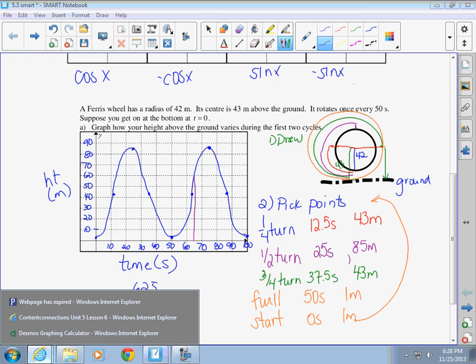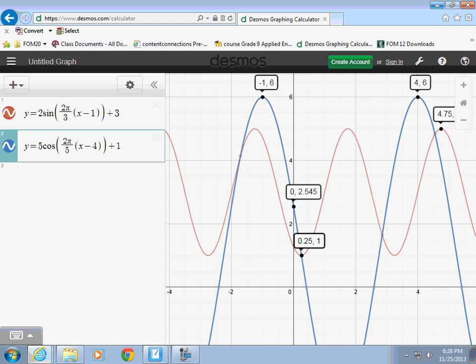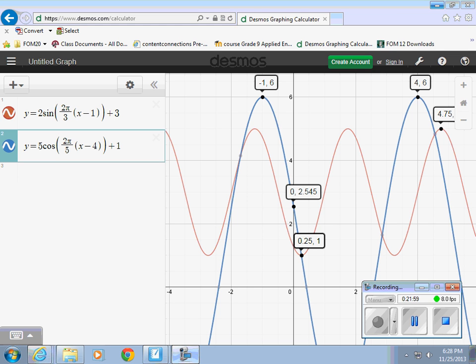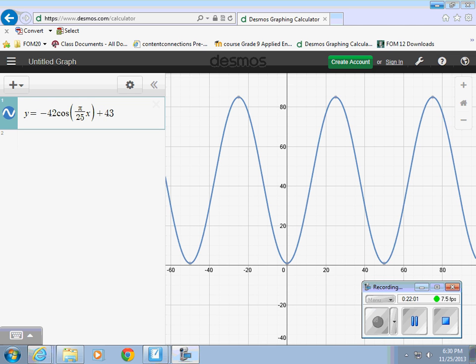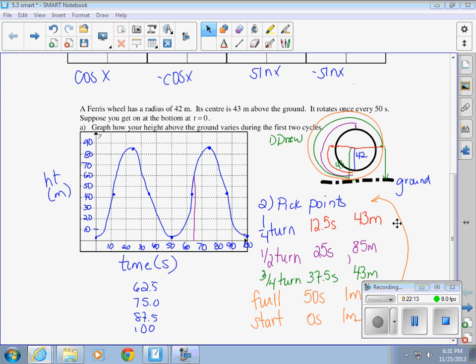I don't have the equation plugged in here. I'm just going to pause and put the equation in. Okay, so here's the graph of that, and if I want to get it at 65 seconds, this probably is going to switch off on me, so I'll have to come back to it.